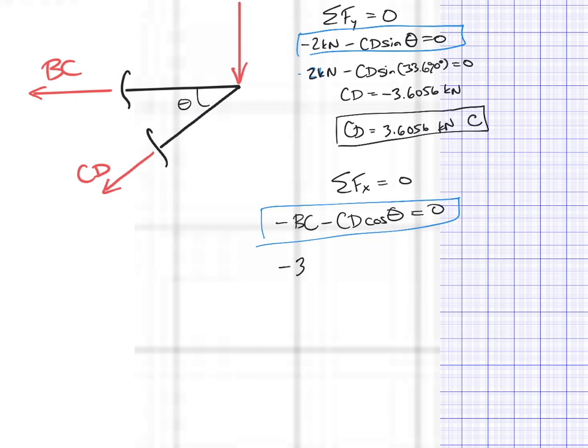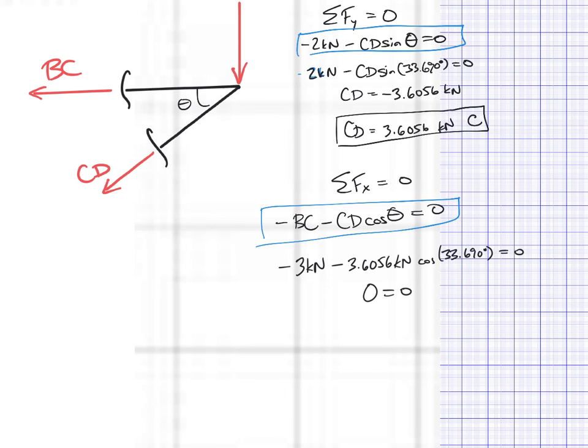Okay, so negative 3 kilonewtons minus CD, which we just solved for, right, which is 3.6056 kilonewtons times the cosine of the angle, which is 33.690 degrees equals 0. And if I plug that into my calculator, I get 0 equals 0.